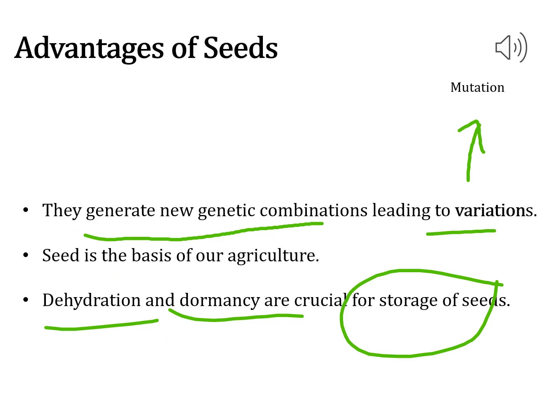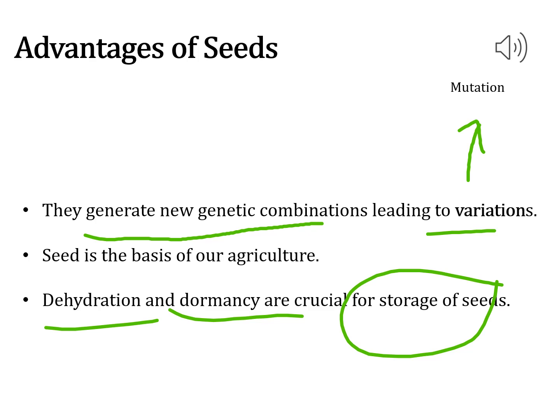Advantages of seeds. Note down the points. First, since pollination and fertilization are independent of water, seed formation is more dependable. Second, seeds have better adaptive strategies for dispersal to new habitats and help the species to colonize other areas. Third, they have food reserves, so young seedlings are nourished until they are capable of photosynthesis.